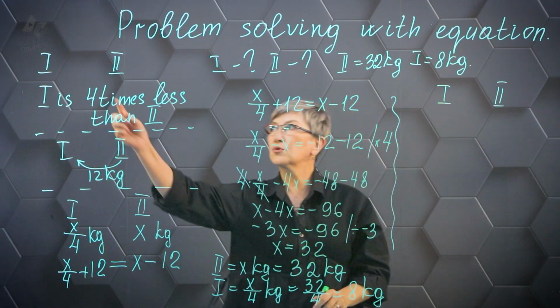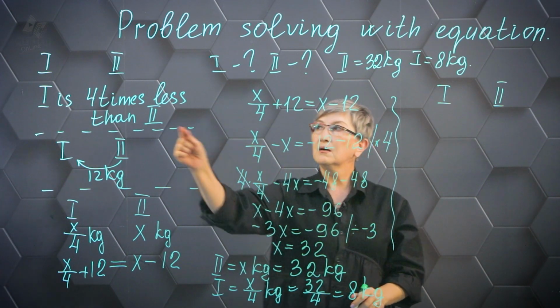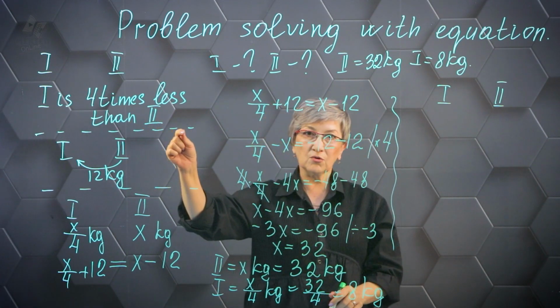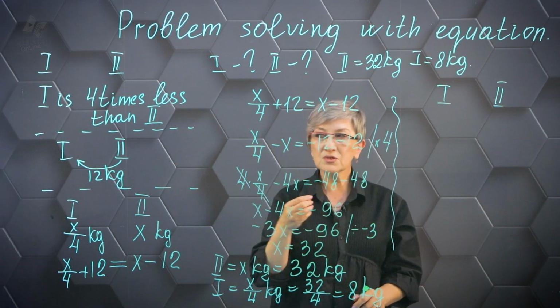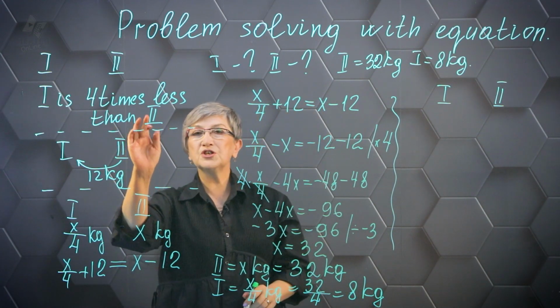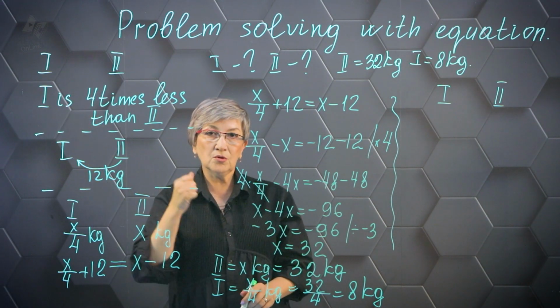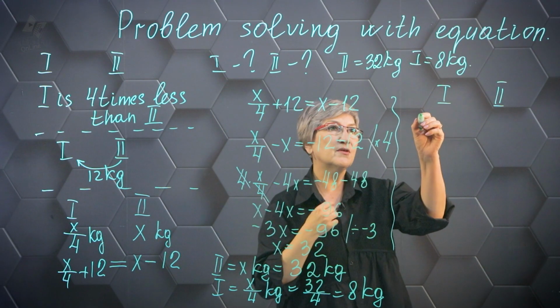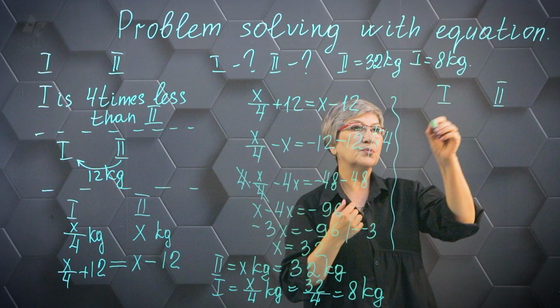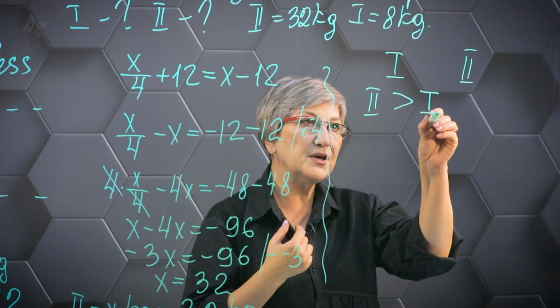We said that the first box has 4 times less cookies than the second box. But I can say it differently: the second box has 4 times as many cookies as the first box. Let's write down: there's 4 times as much in box 2, 4 times as much as the first box.